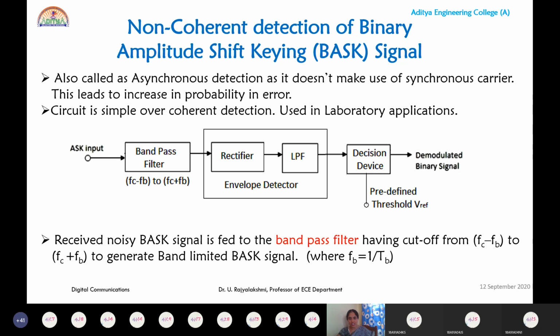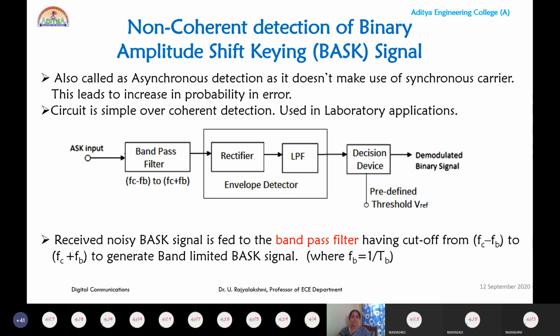The last section, the decision device, is common for any kind of detection technique, coherent or non-coherent, because you need a decision device to convert into digital. The decision device converts the signal into a digital signal consisting of only 2 levels.